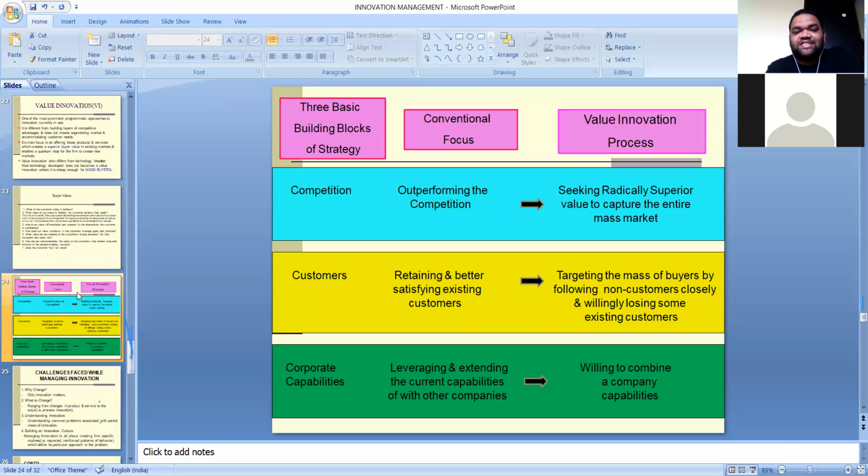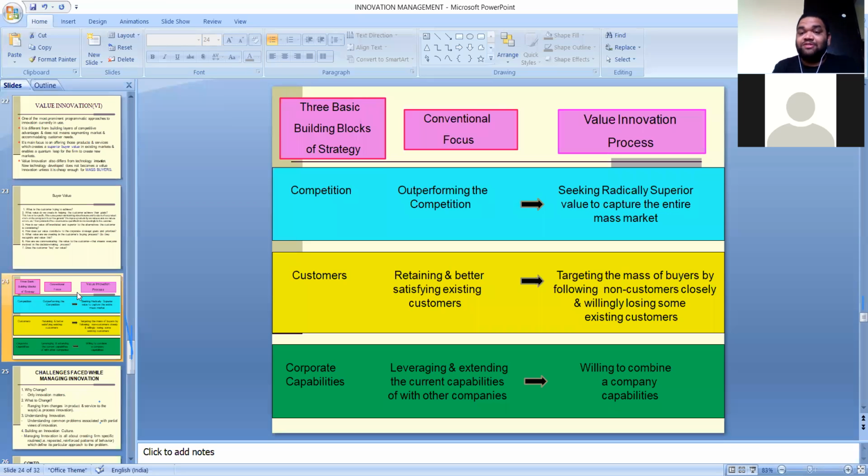Taking the strategy of others, the next one is customers. What is the conventional focus here? Retaining and better satisfying existing customers. If you take the strategy as customers, the first thing is we have to satisfy the existing customers, because we can't ignore them.